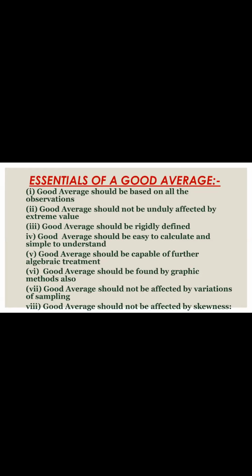Only those averages where all the data are used give the best results, whereas averages which use less data are not representative of the whole group. So the first essential of a good average is that it should be based on all the observations.